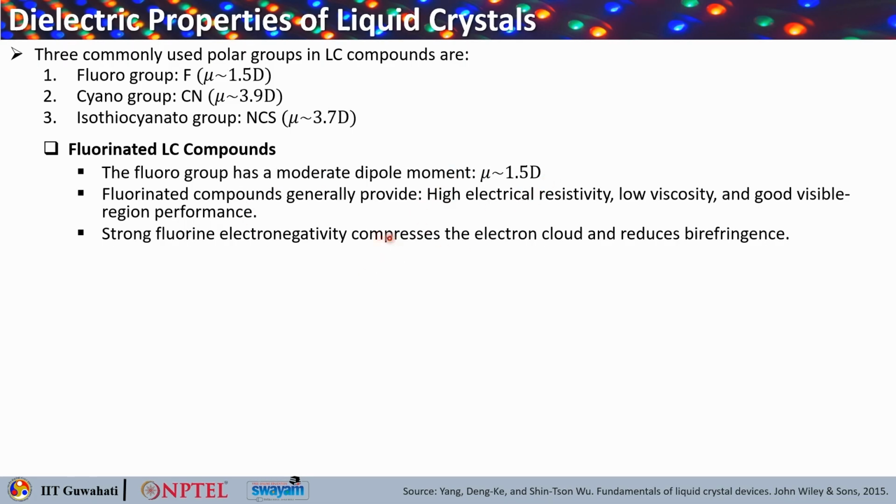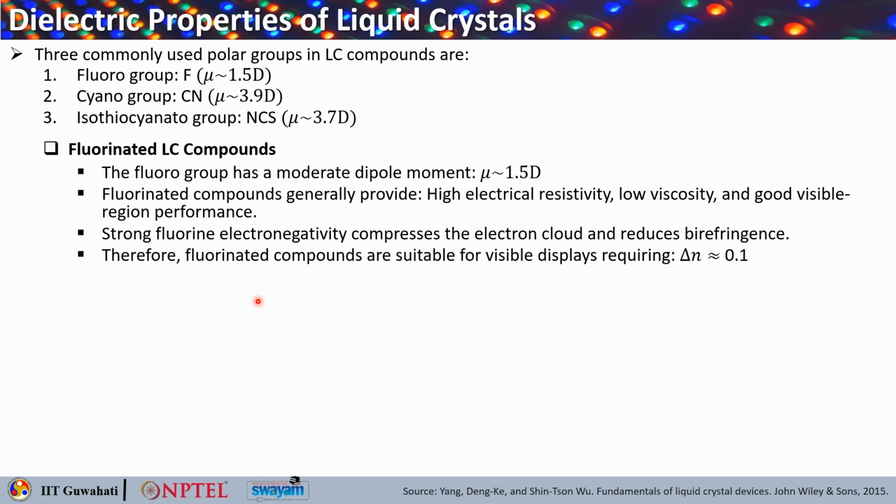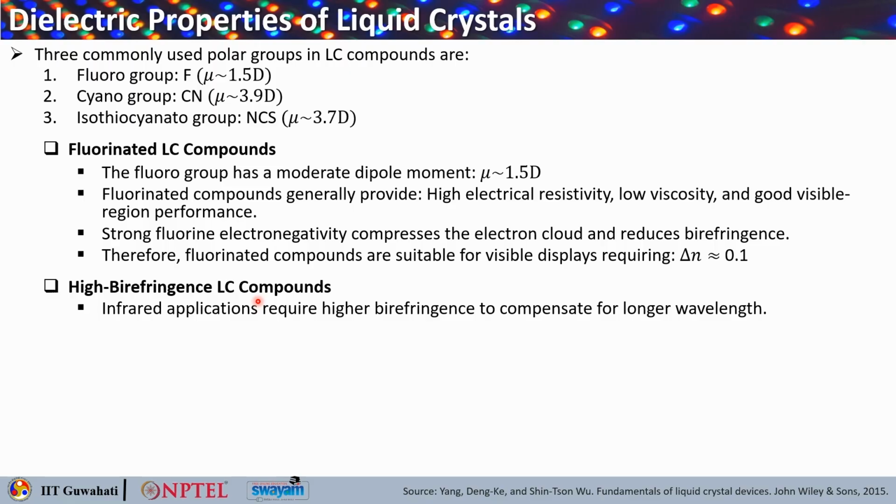So, what we understand is that strong fluorine electronegativity compresses the electron cloud and that reduces birefringence. Therefore, fluorinated compounds are suitable for visible displays requiring delta n equal to 0.1. So, how do you get high birefringence liquid crystal compounds?